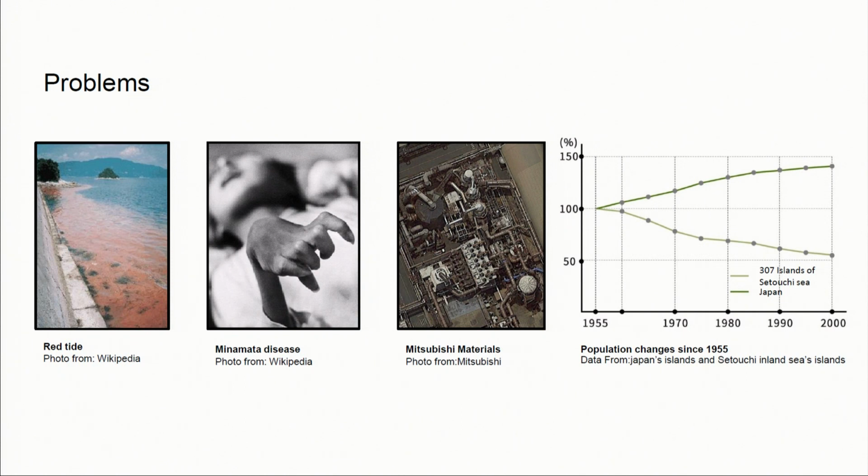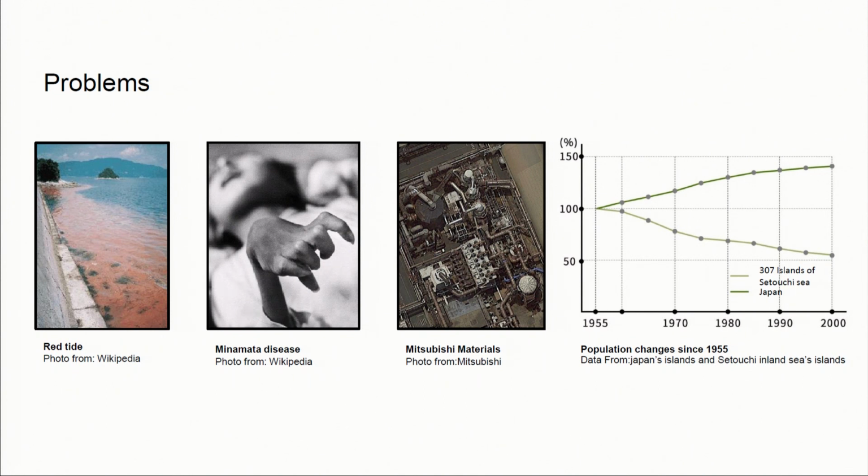This industry cluster of course brought huge economic benefits, but at the same time caused serious problems, for example environmental pollution. The red tide at that stage occurred almost once a day in the 1950s, and there was also Minamata disease caused by water pollution. These serious problems directly led to population loss in this area.